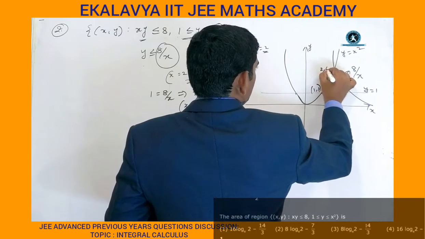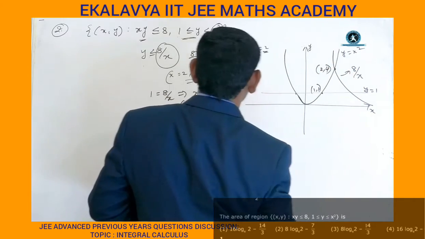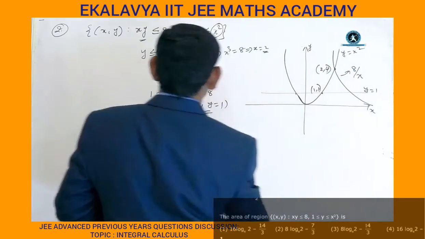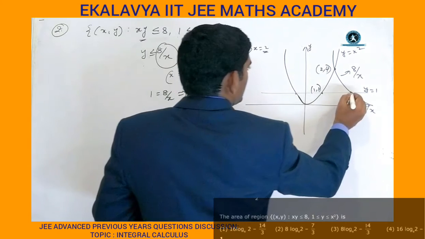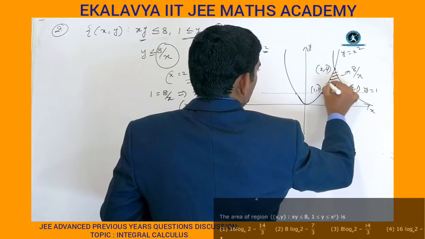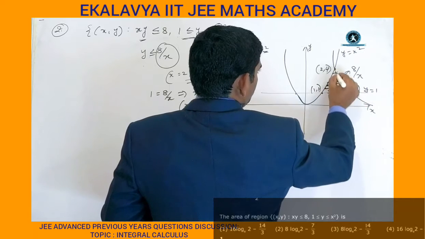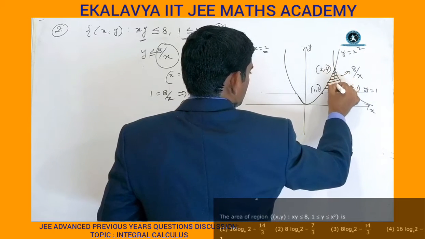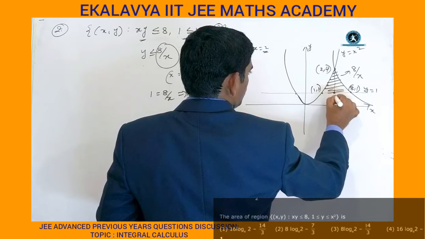And the line y equal to 1 meets 8 by x at 8 comma 1. Now we want to find the area of this portion. So I am splitting here, where the point is 2.